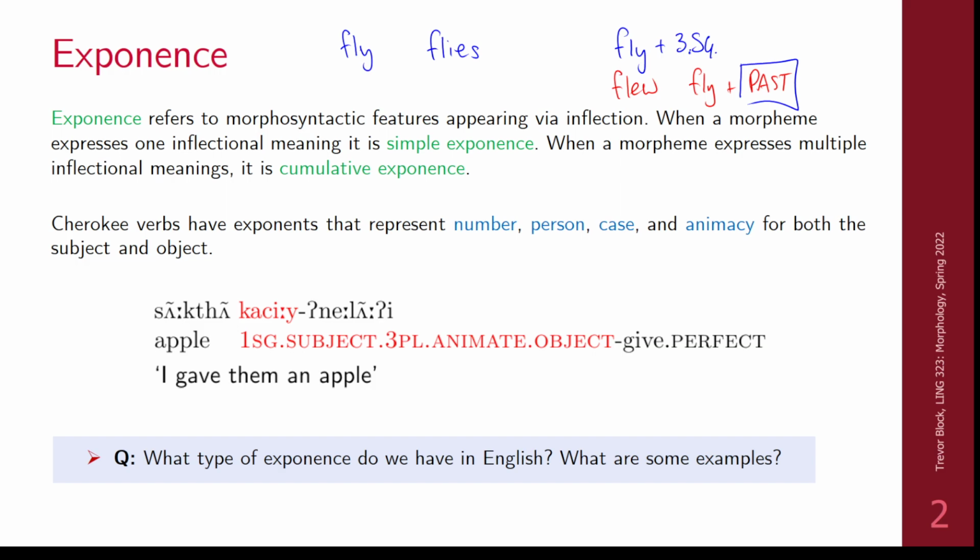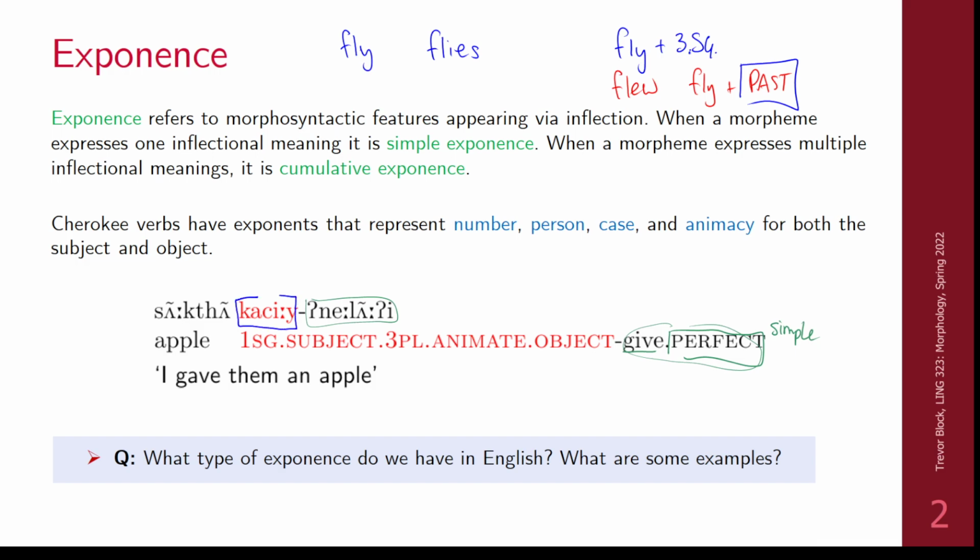So in Cherokee, verbs have highly inflected morphology here. So the verb is give, and give has perfect on it. So actually, if we just take a look at this part with give, just that part could be simple. So there's simple exponents in this part of the word. But then we have this prefix.